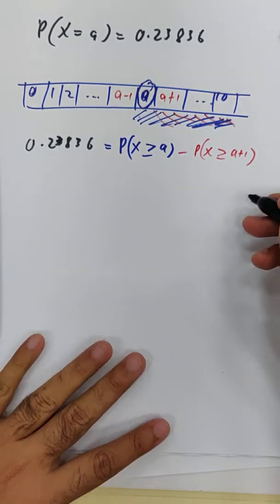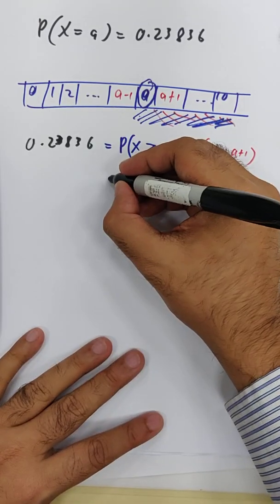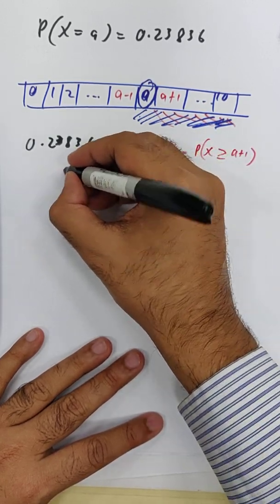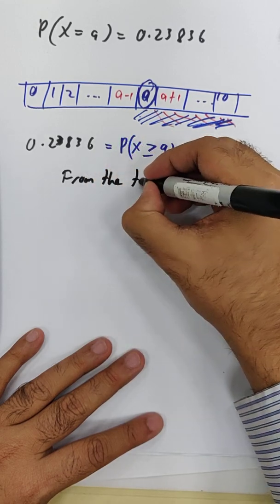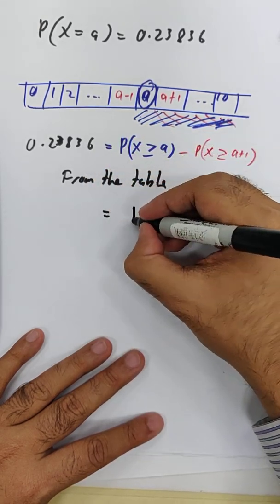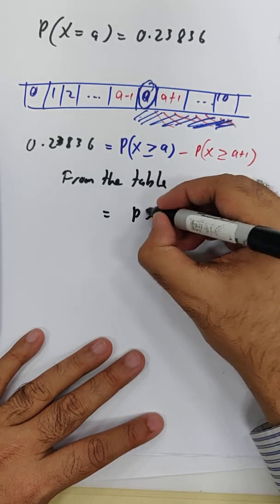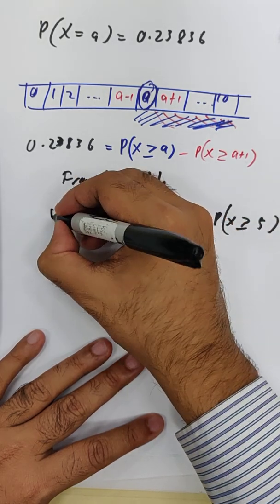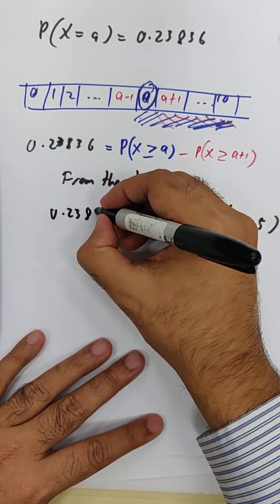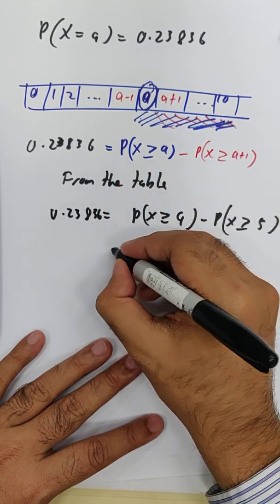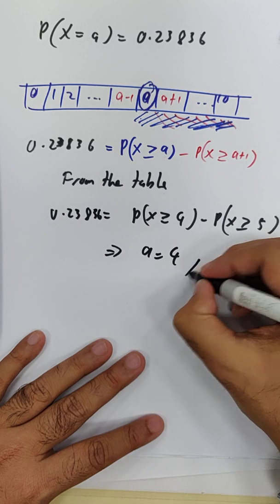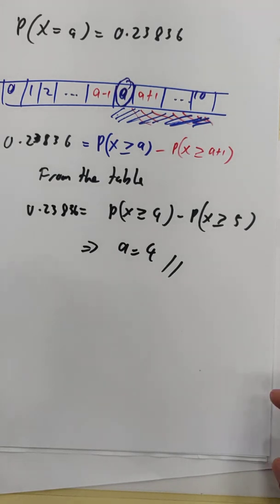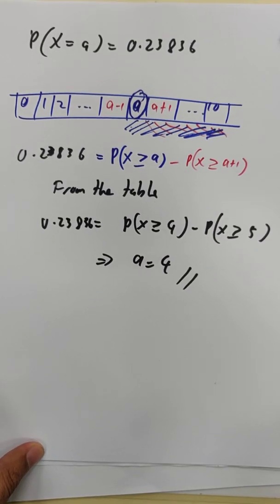So from the table, a equals to 4. Right? Got it? Congratulations if you've made it that far. Okay, that's all from me.